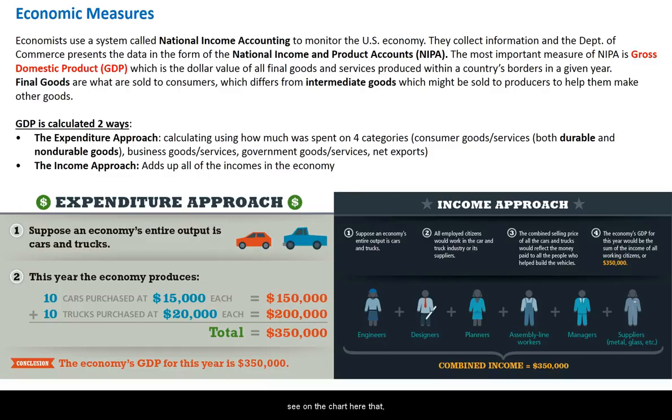You can see on the chart that you end up with basically the same value for GDP. A lot of times we would say that the income approach is a little bit more accurate because it includes a lot more as it calculates those incomes versus the expenditure approach.